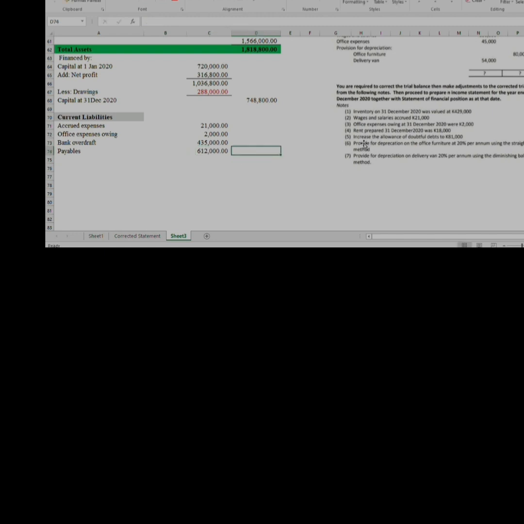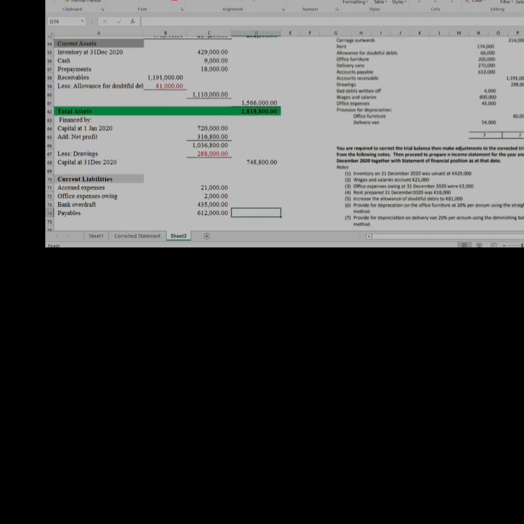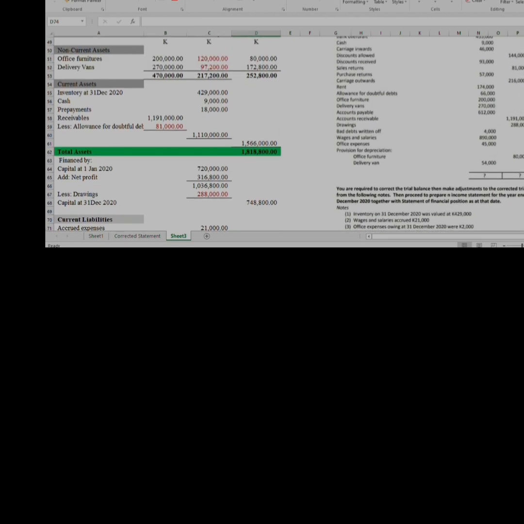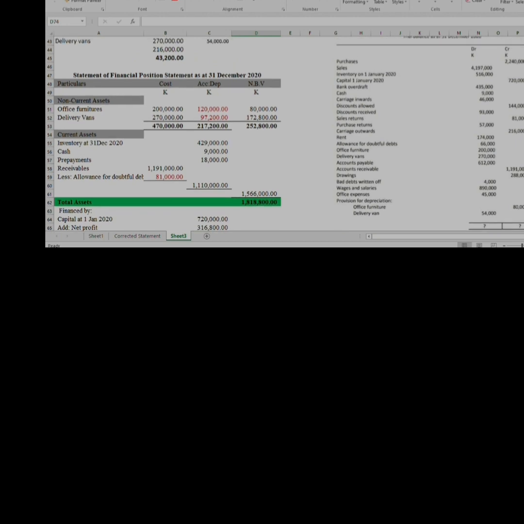So we just make sure that we haven't missed any owing or accrued. Okay, it's there. Bank overdraft there, accounts payable. Everything is there.